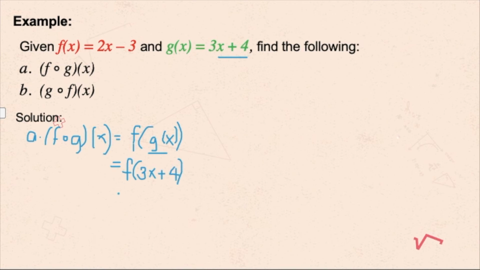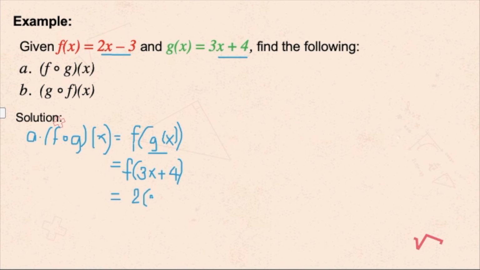Now this is where the composite function takes place. The outer function here is f, so we have to replace the x in f of x with 3x plus 4. Your f of x here is 2x minus 3, meaning you replace the x in f of x with 3x plus 4.